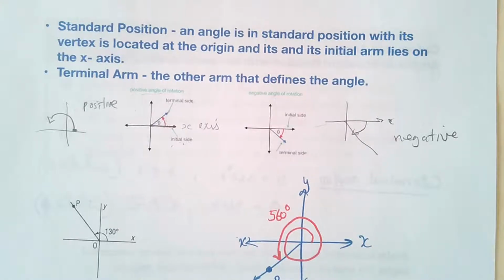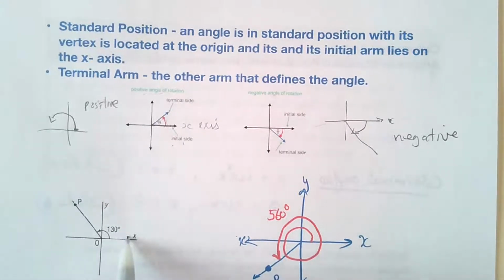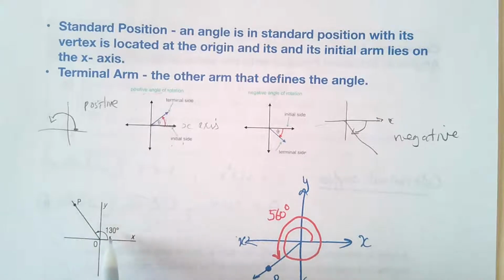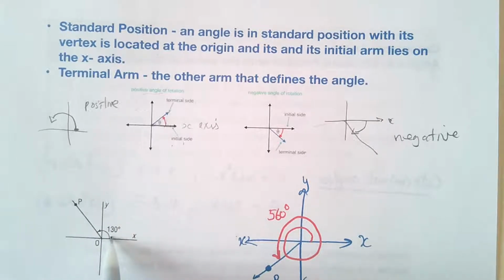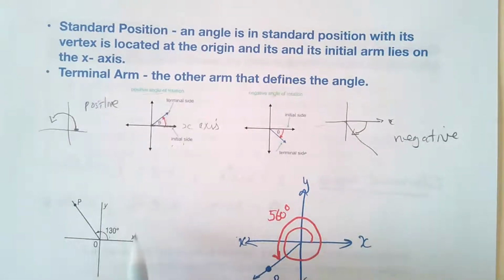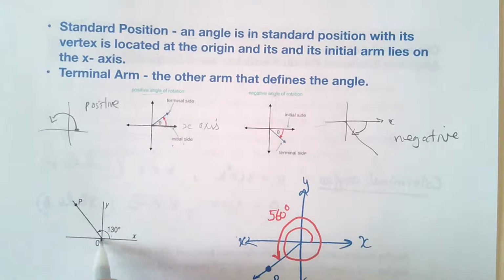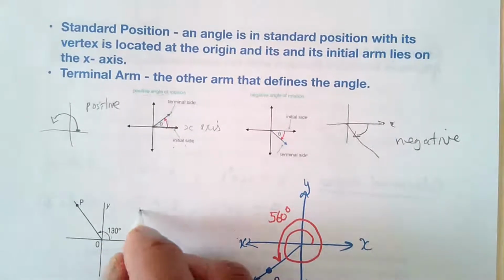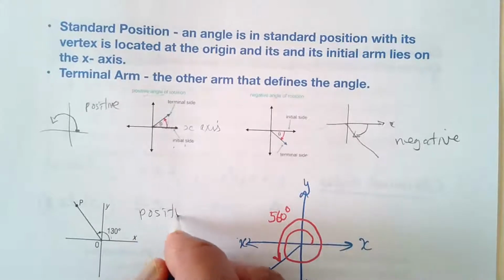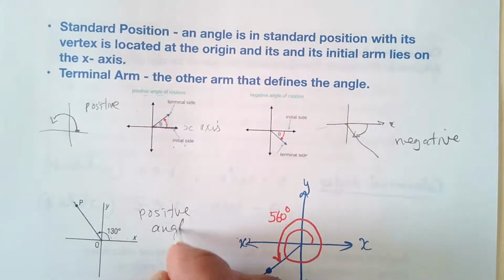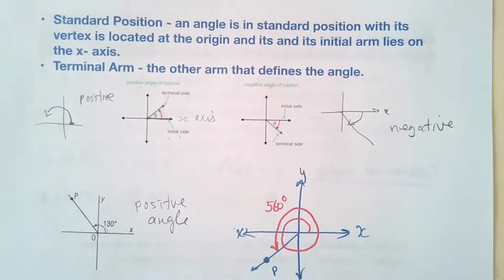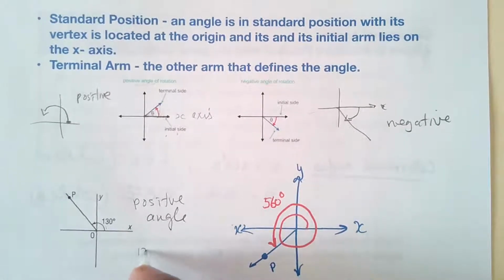So here is an example. When a ray rotates, let's say in this case 130 degrees, counterclockwise from the origin, it forms a positive angle. So we say positive angle, 130 degrees.